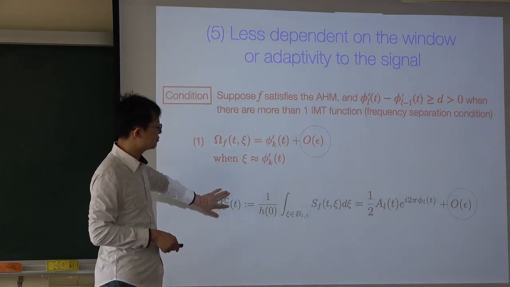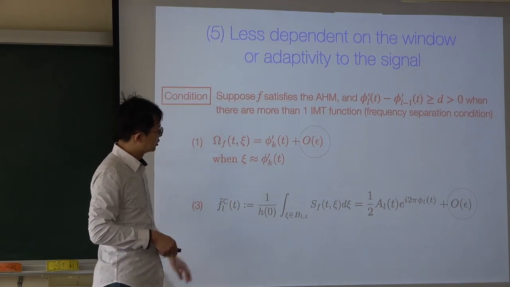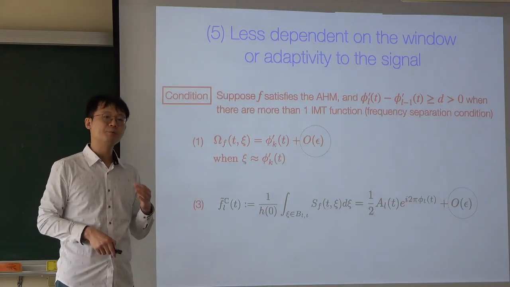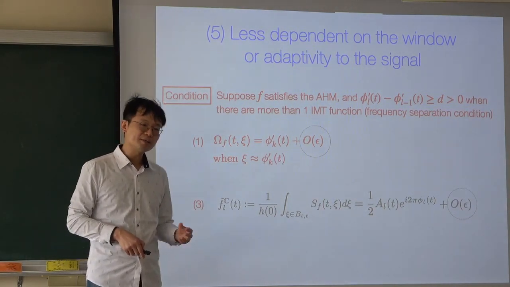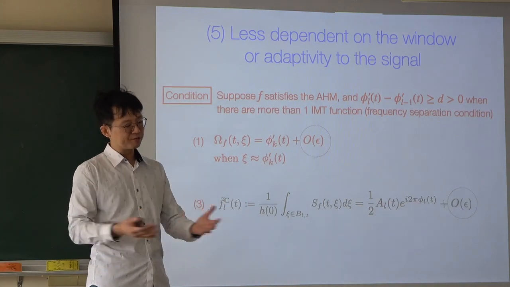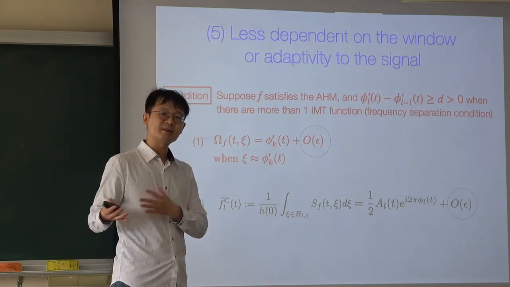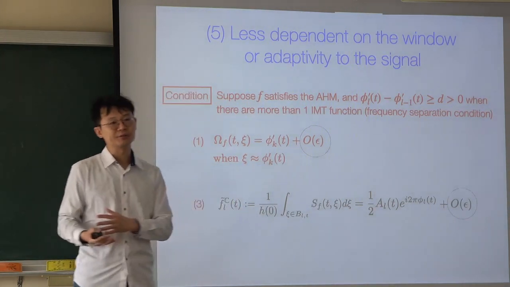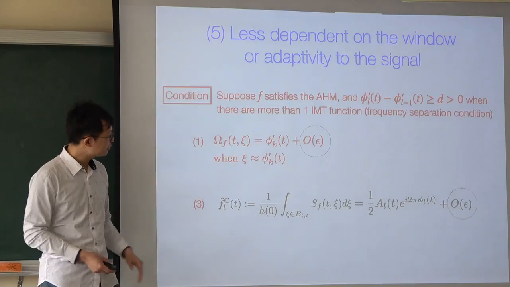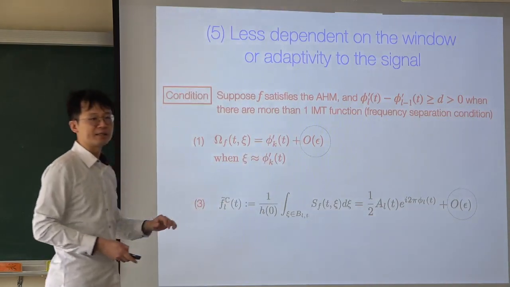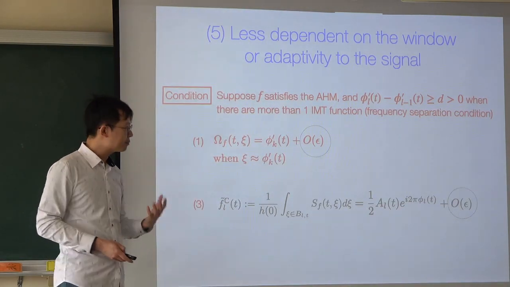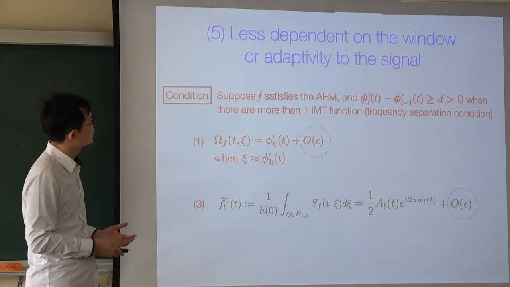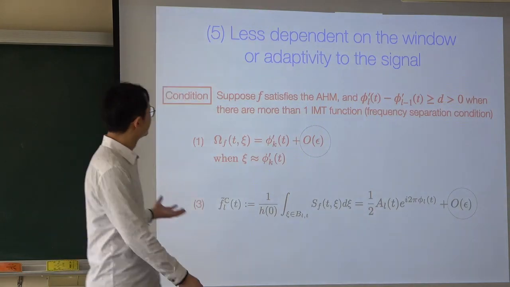In the reconstruction theorem, I told you, this order epsilon also depends on absolute moments of the window you choose. In this sense, you can choose many different windows. As long as their absolute moments are similar, in particular, we only care about the first three order absolute moments, then we get similar results. That is the independence of the window, or being less dependent on the window, or adaptive to the signal.